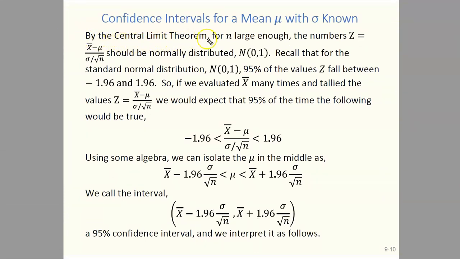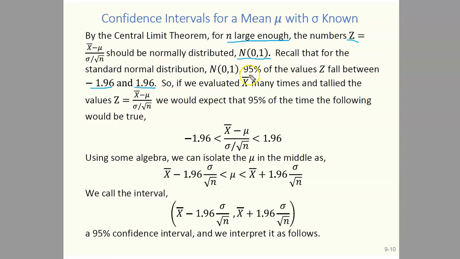Now, by the central limit theorem, for n large enough, the z-scores given by x bar minus mu divided by sigma over root n, remember these are the z-scores for the sample means, should be normally distributed N(0,1) random variables. So these values will be normally distributed with a mean 0 and a standard deviation of 1. Now recall from our previous discussion that for N(0,1) random variables, 95% of the z-scores will fall between these two numbers.